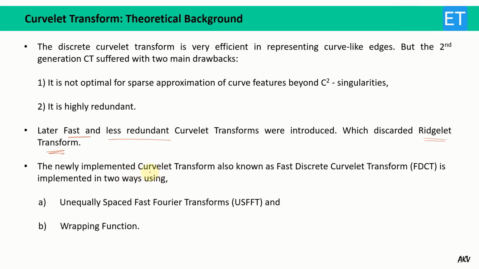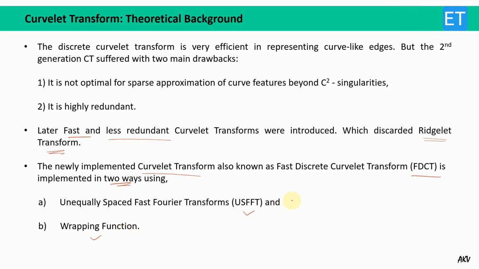This newly implemented Curvelet transform is also known as FDCT in short, that is the fast discrete Curvelet transform. It is implemented in two ways. One is using an unequally spaced fast Fourier transform, also known as the USFFT based Curvelet transform, and the other is the wrapping function based Curvelet transform. I'm not going into the theoretical detail of this.